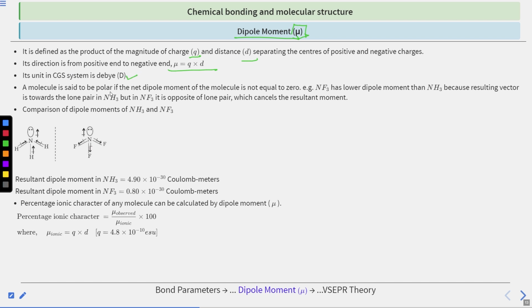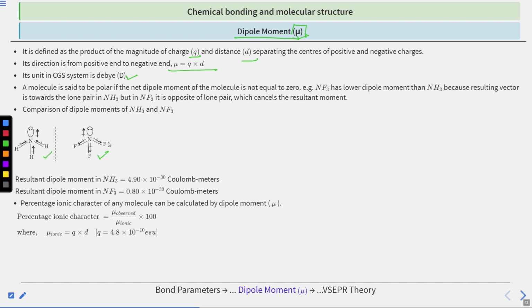The molecule is said to be polar if the net dipole moment of the molecule is not equal to 0. For example, NF3 has lower dipole moment than NH3 because the resulting vector is towards the lone pair in NH3, but in NF3 it is opposite to the lone pair, which cancels the resultant moment. Comparison of dipole moments of NH3 and NF3: this is NH3 and this is NF3.